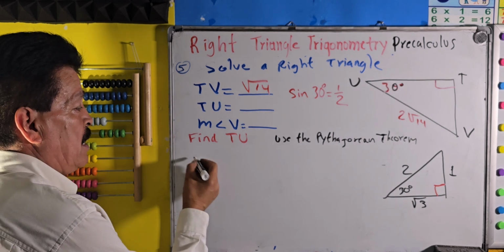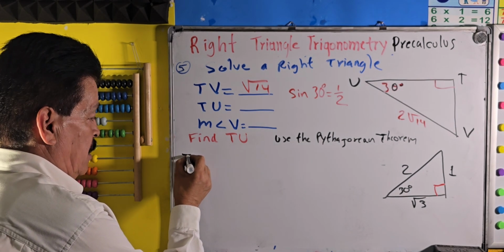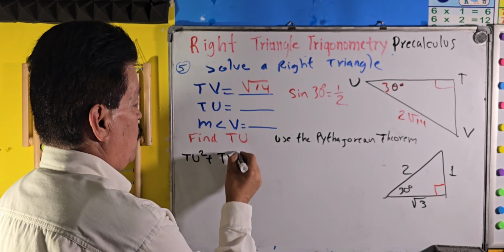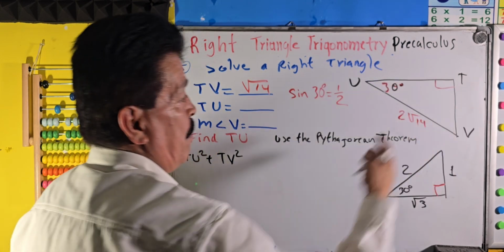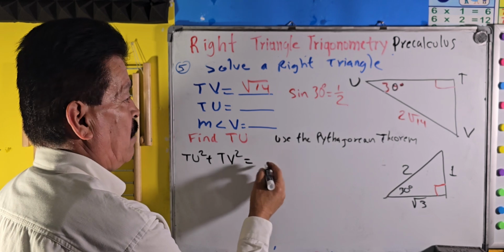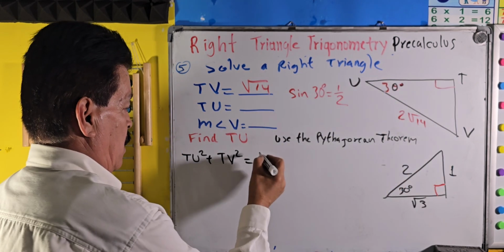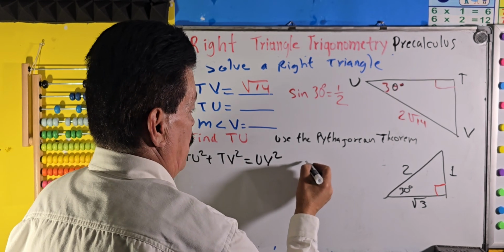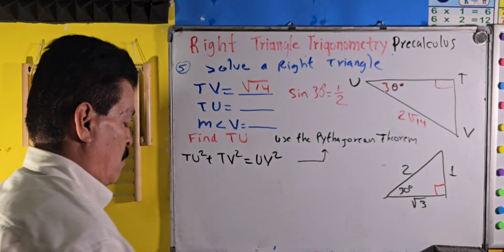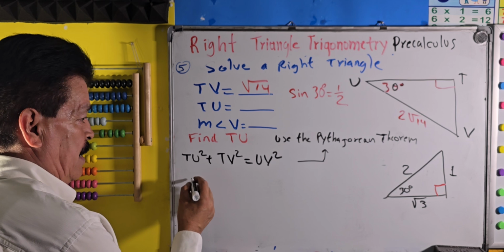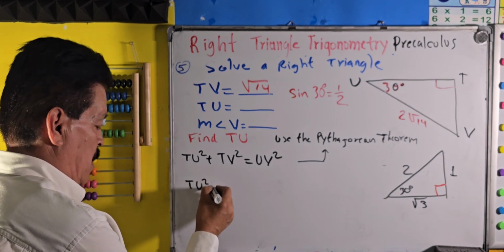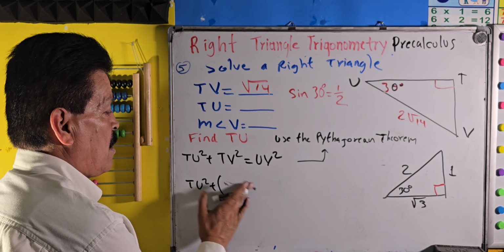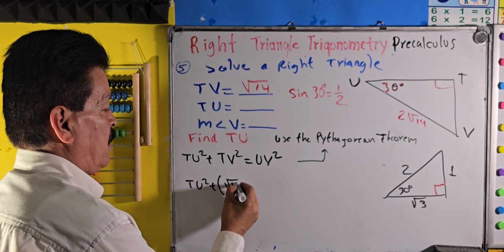The Pythagoras theorem is going to be TU squared plus this, remember, equals this one, the hypotenuse squared. This is the Pythagoras theorem. So the next step is TU squared plus, substitute here, square root 14.